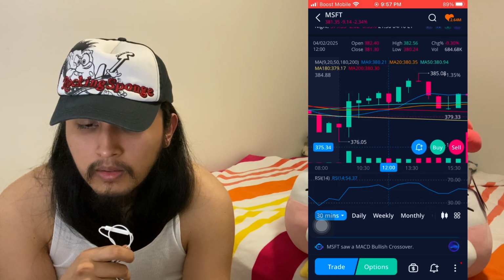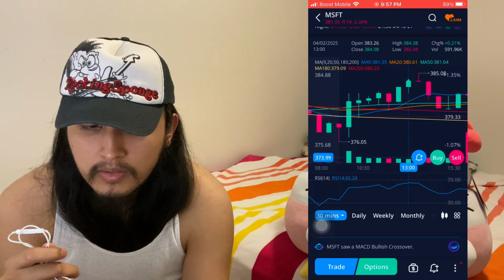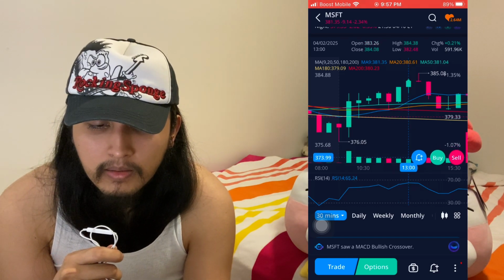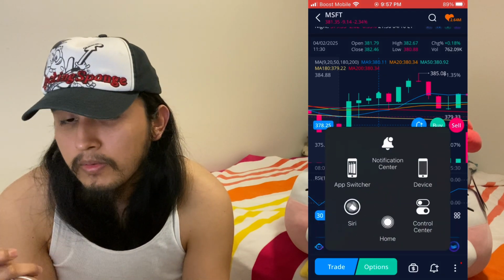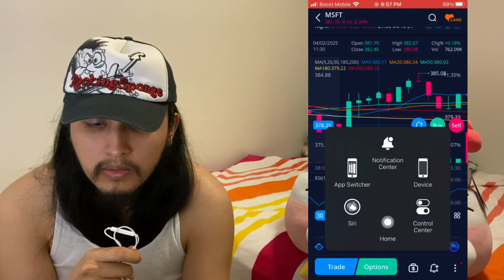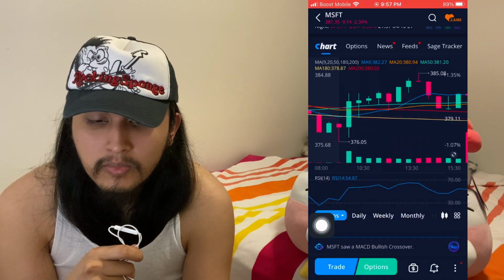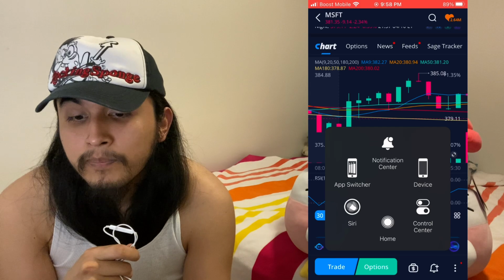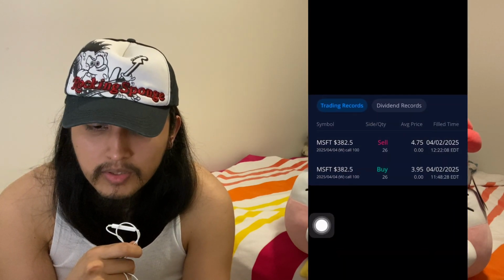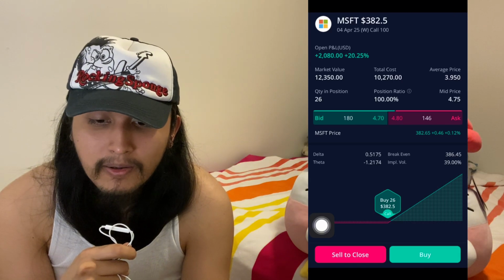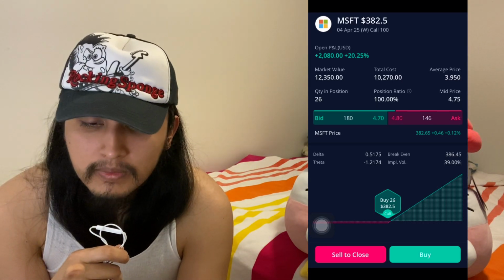So I'll just calmly sell out the position because it is approaching that resistance level of 382, and I don't know if it can break that level of resistance. So I'm just gonna sell out the position as soon as Microsoft reaches that resistance level of 382. And when I sold out the position, I made $2,080 just trading a couple of Microsoft call options.